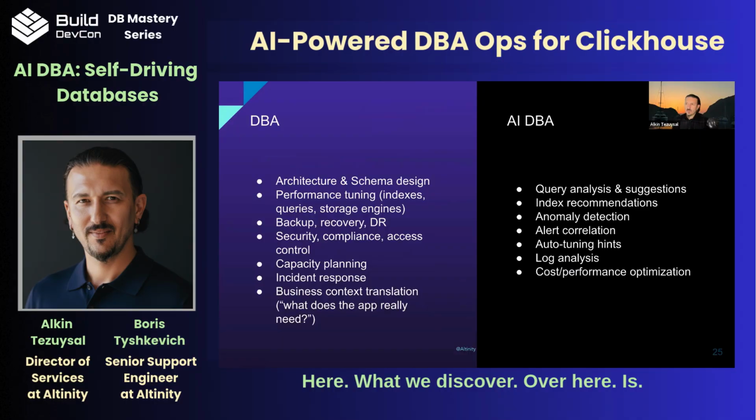Here, what we discover is that we're now at the stage of DBA versus AI DBA. So rest assured, DBA jobs are not going away. Looking at the list of things that an AI DBA can do, it is still not sufficient to do architecture and schema design.